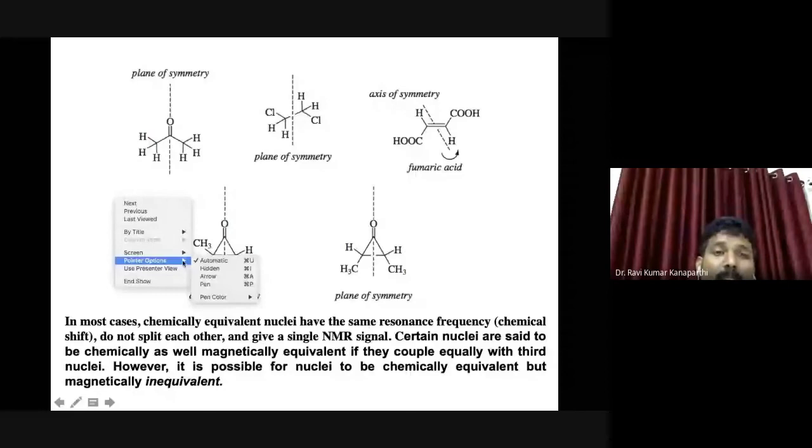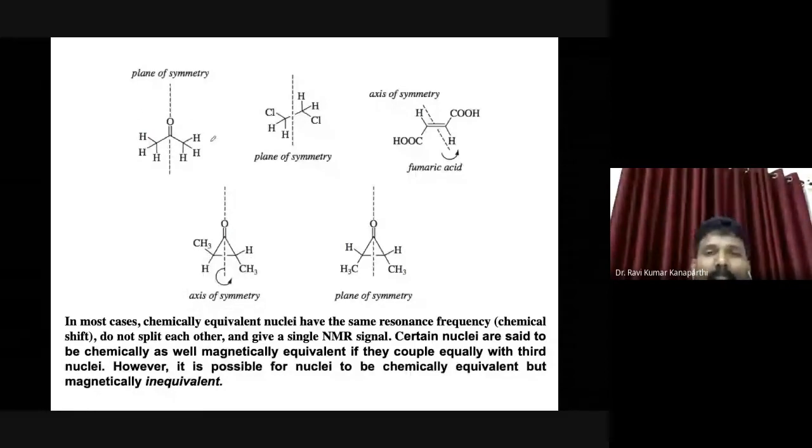So these are a couple of other examples of chemical shift equivalence that you can imagine. This is acetylene, where there is a plane of symmetry. This is another one, dichloroethane, then fumaric acid, with inversion symmetry, and then an axis of symmetry, and again the cyclopropane axis.